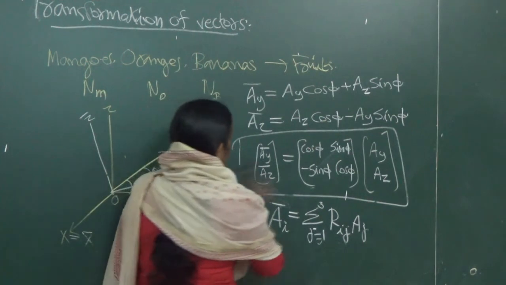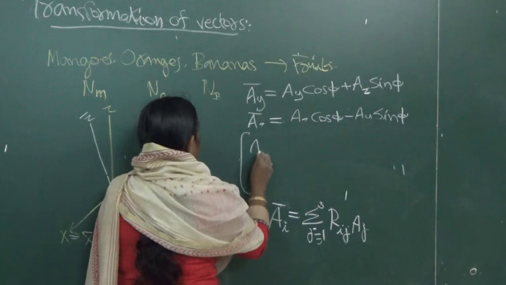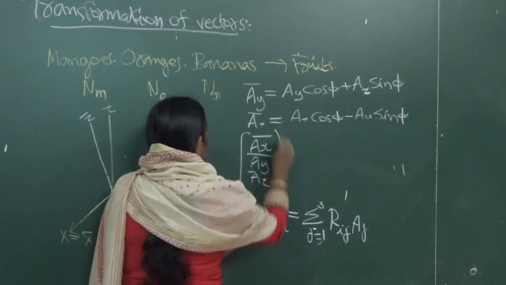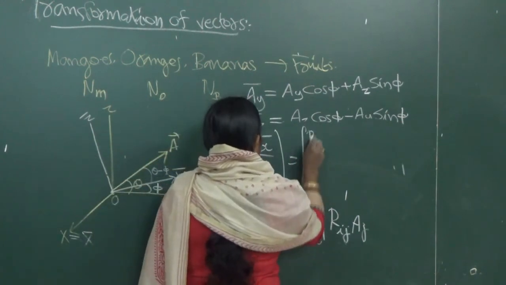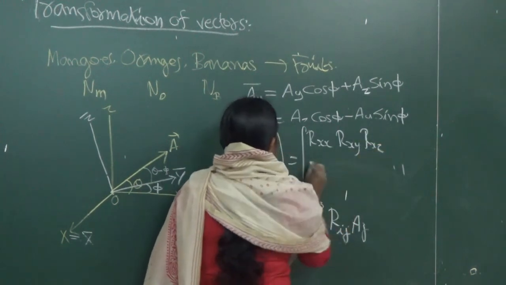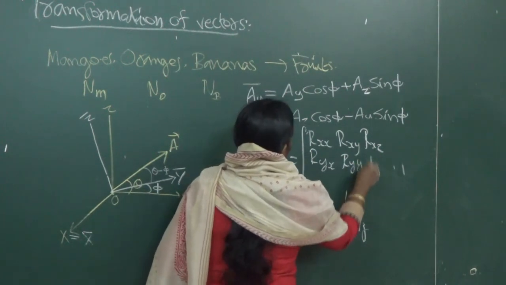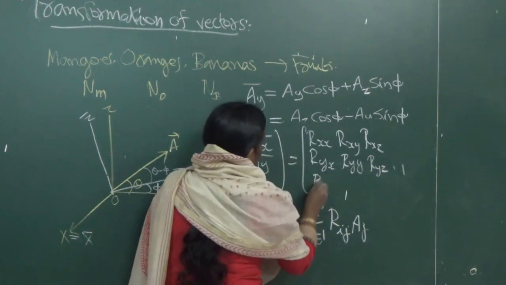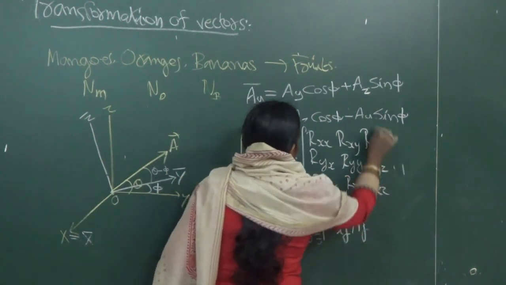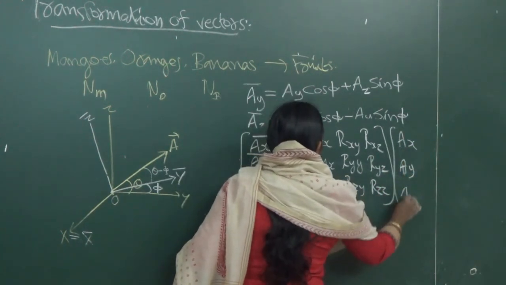Or you can write a general expression for a vector in the form of Ax bar, Ay bar, Az bar equal to the matrix Rxx, Rxy, Rxz, Ryx, Ryy, Ryz, Rzx, Rzy, Rzz times Ax, Ay, Az.